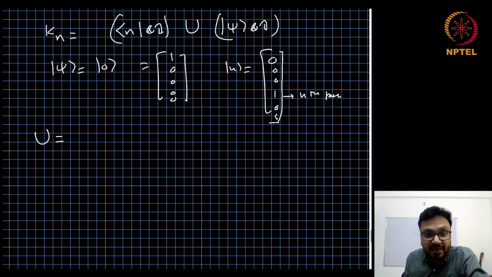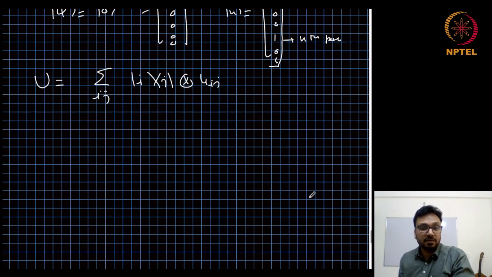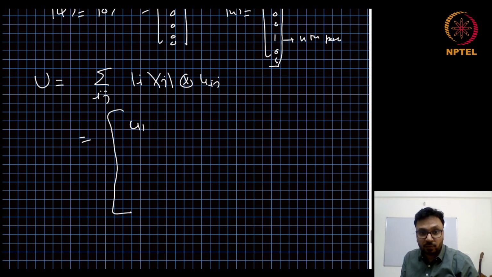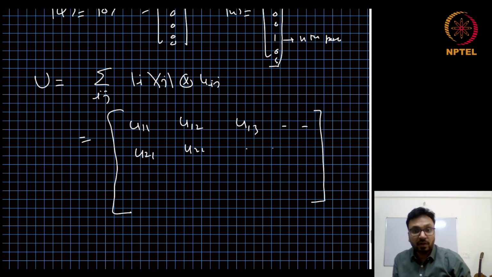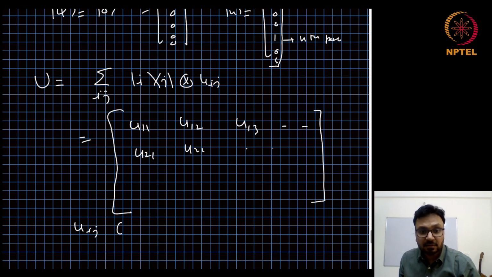And U can be written as sum over ij of i, j tensor small Uij, so it means we can write it as U11, U12, U13, U21, U22, and so on, where Uij are the operators acting on the Hilbert space of the system.